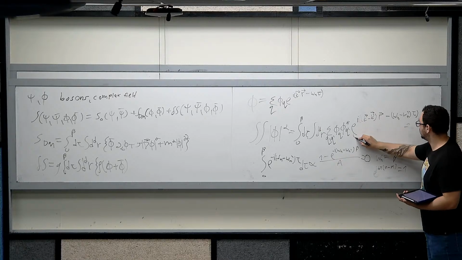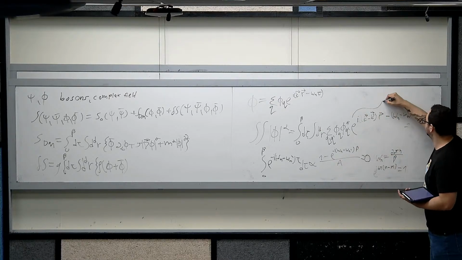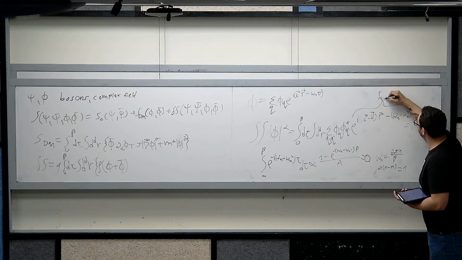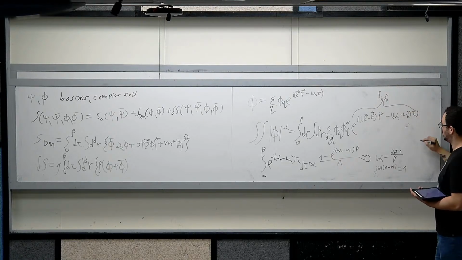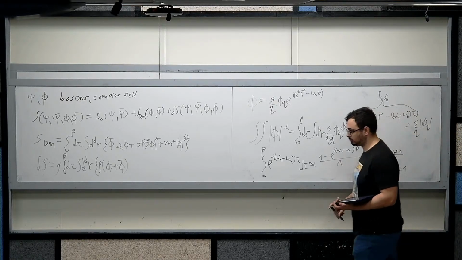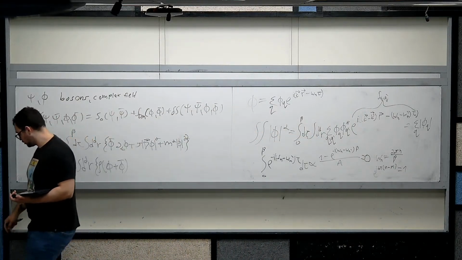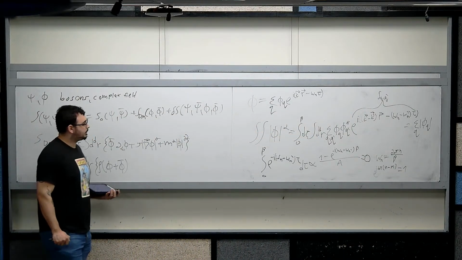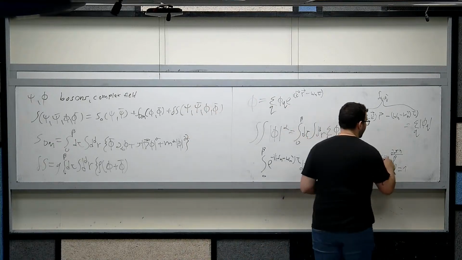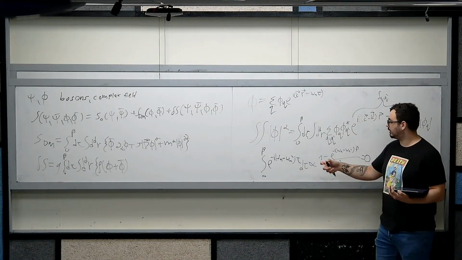So overall, this will give us, right above, delta of q minus q tag. Yeah, there should be a beta here, but I didn't take it.